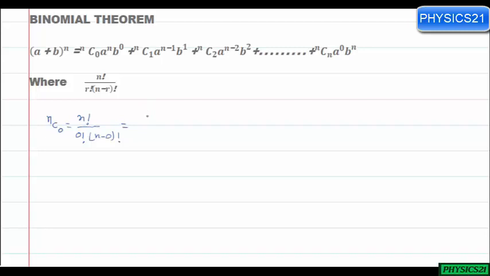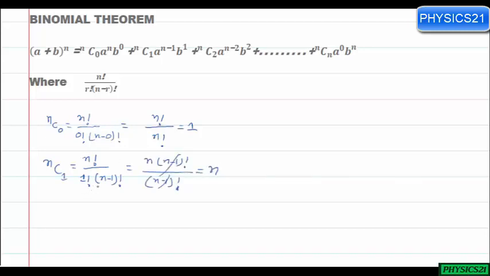As we solve it, it is factorial n divided by factorial n, because the value of factorial 0 is 1, so it is 1. Similarly, we can find the value of nC1. Similarly, we can find out the value of nC2.